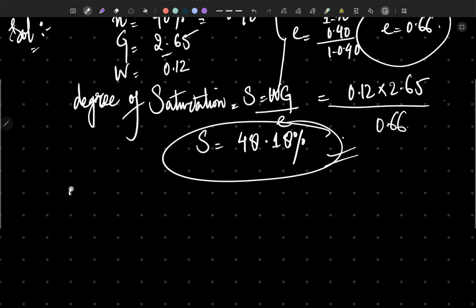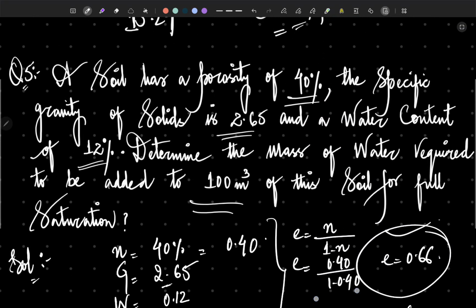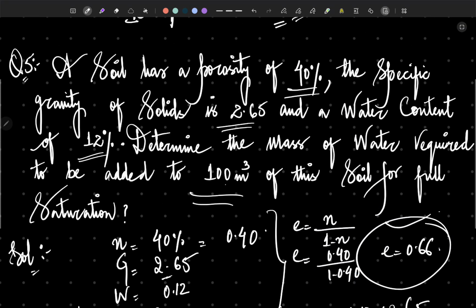We know n is equal to volume of voids divided by total volume. This is the porosity. That means volume of voids is equal to porosity multiplied by the total volume. Volume of voids will be porosity, that is given 0.40, multiplied by the total volume. We have to calculate everything at this particular volume, because we have to determine the mass of the water that is to be added to this particular volume of the soil so that it will achieve full saturation.